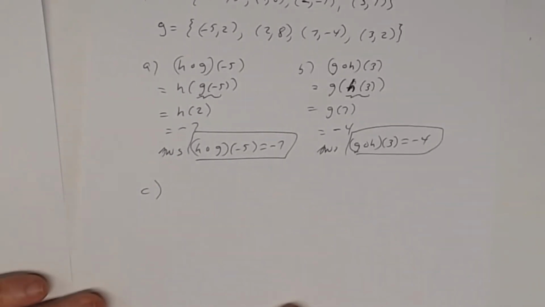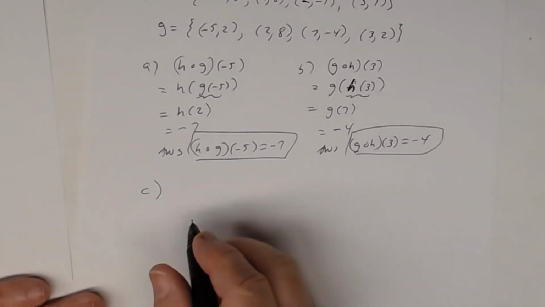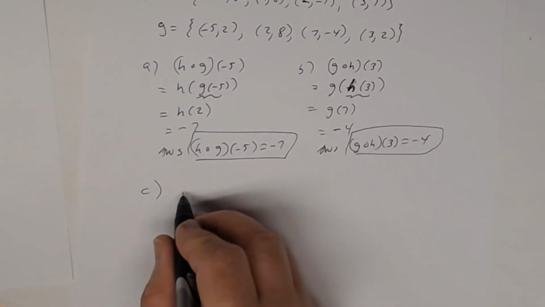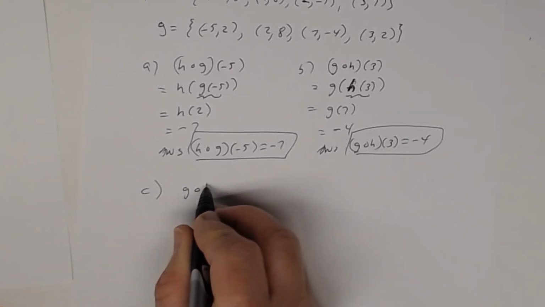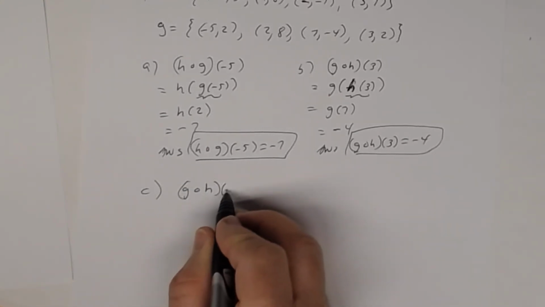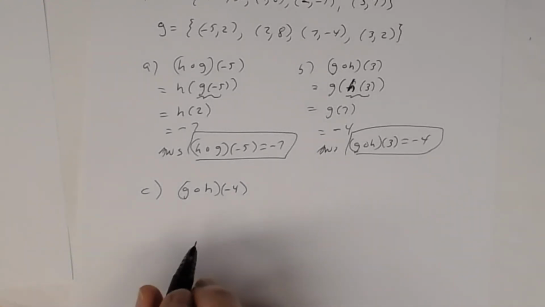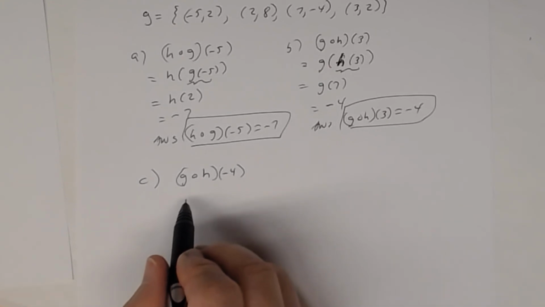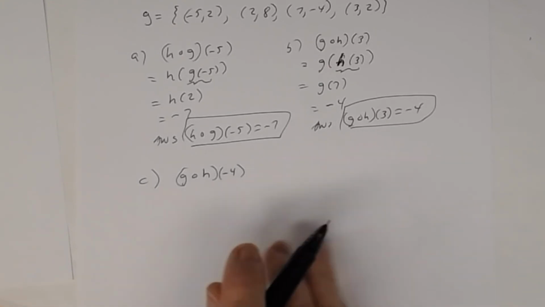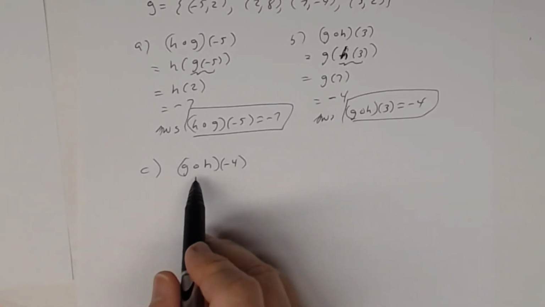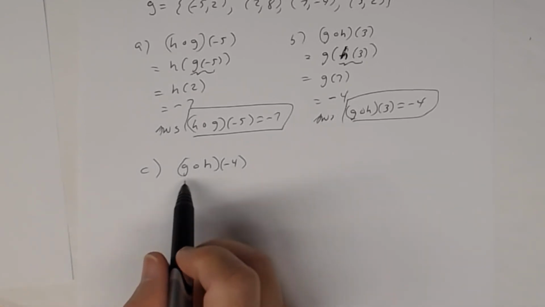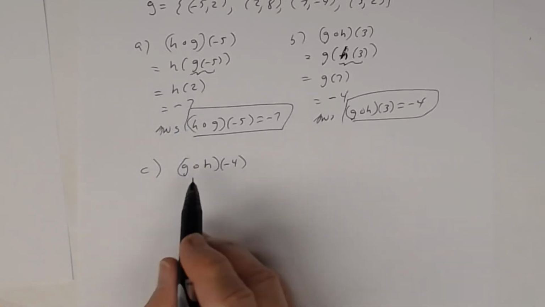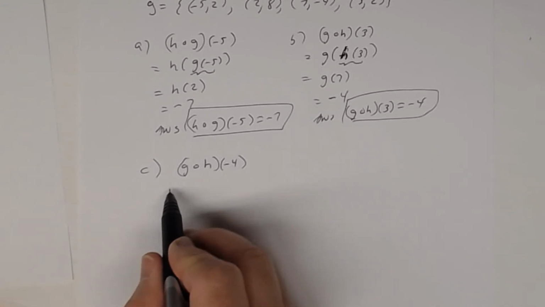So in C, let's suppose you want to find g composed with h at negative 4. At this point, you should have the idea. You should be able to do all of these problems dealing with composition given a set notation or a table of values.